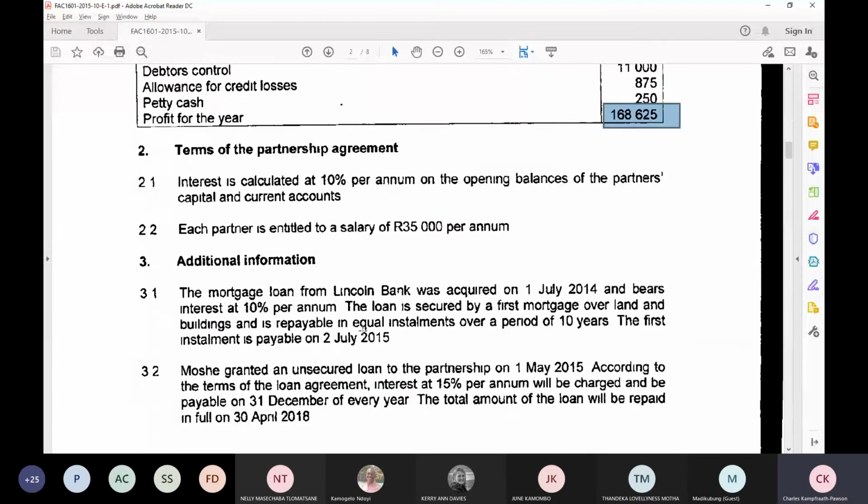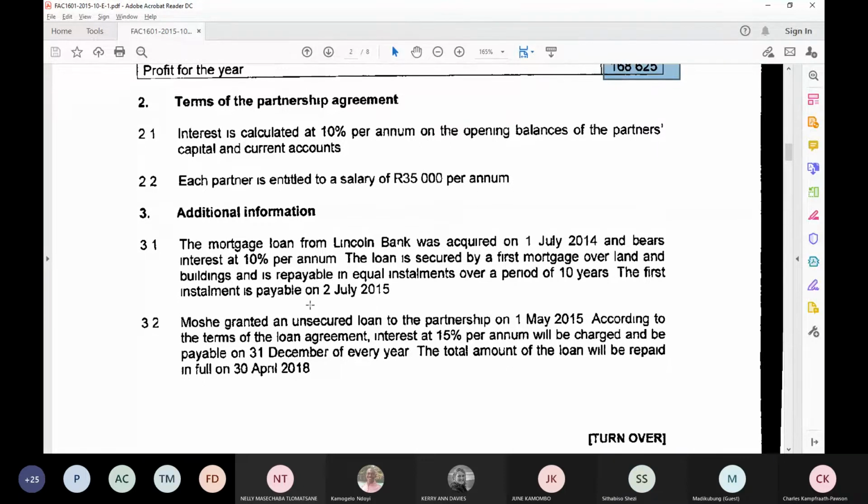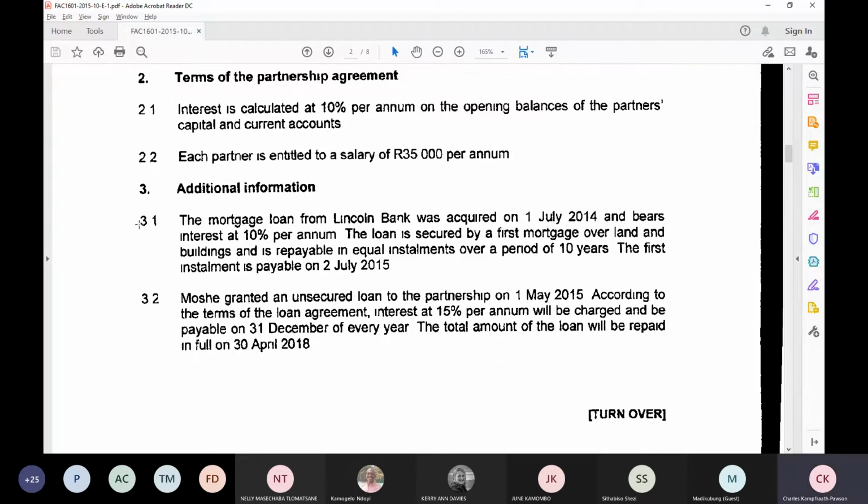Then they say additional information. So the 3.1 says additional information, but it doesn't tell us that this specific loan, we haven't yet calculated the interest, unless I'm reading it wrong.